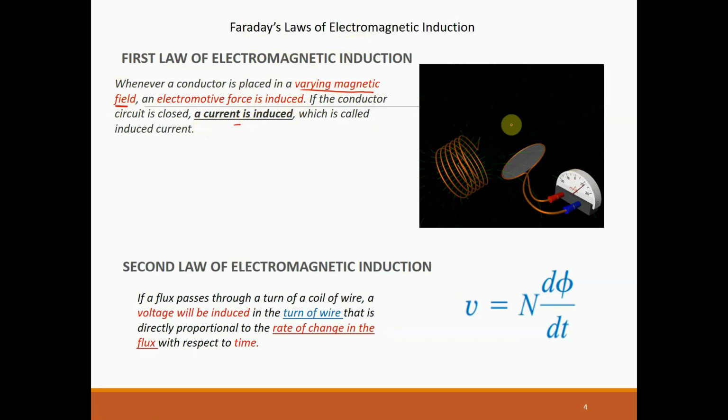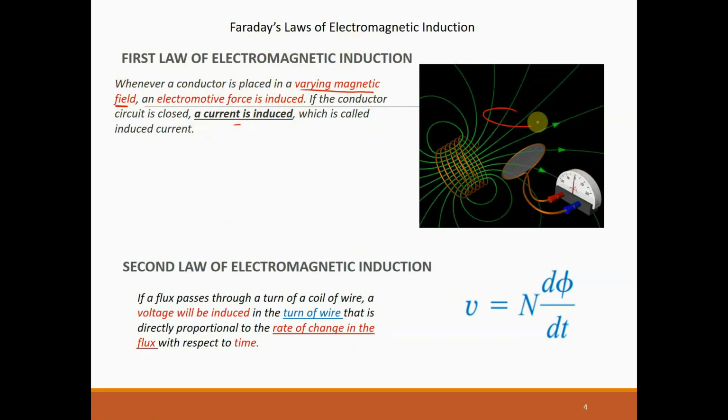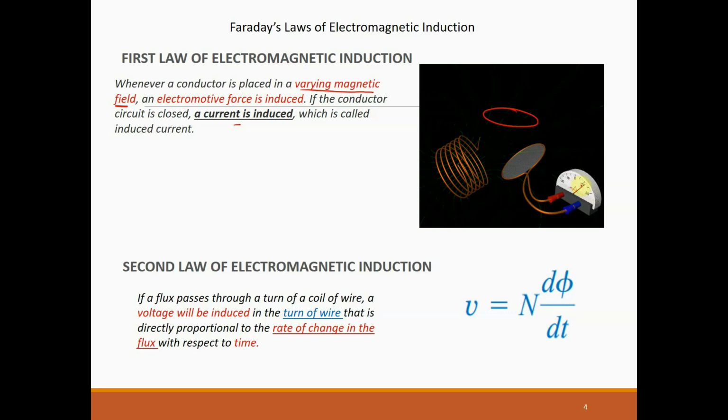As you can see from this figure, we have a varying magnetic field, and it is being induced in this coil. This is a closed loop, so there will be a current induced. This is the induced current. Look at this meter. It's changing, right and left, because there is a varying magnetic field.